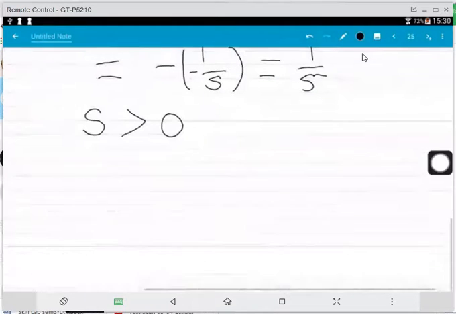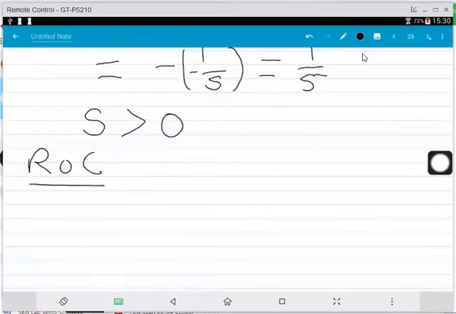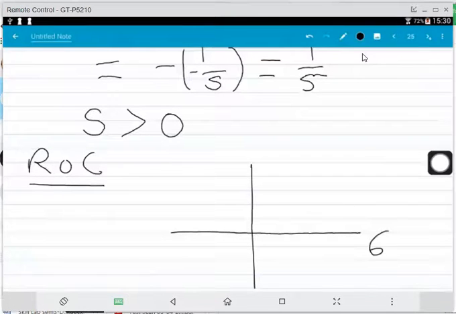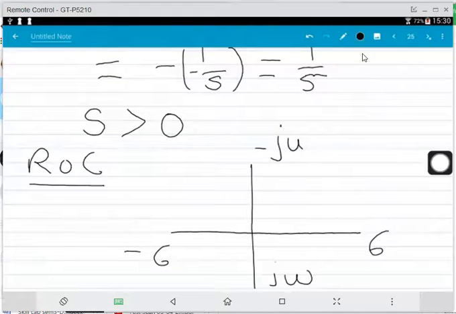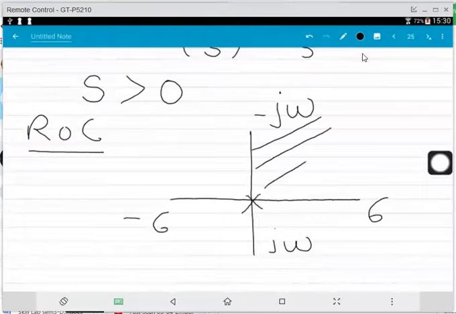So we can plot here the ROC, region of convergence, with sigma, minus sigma, j omega and minus j omega. So here this pole is at the origin and this ROC will be the right half of the S plane.